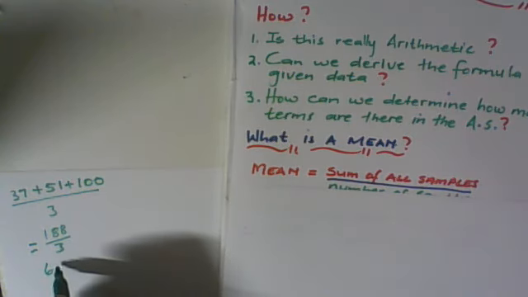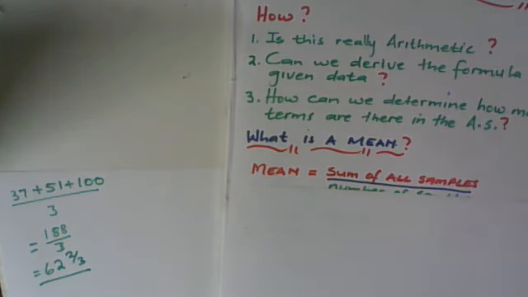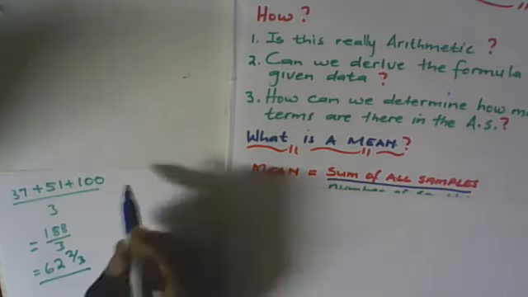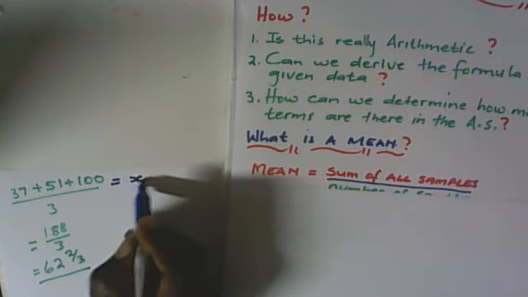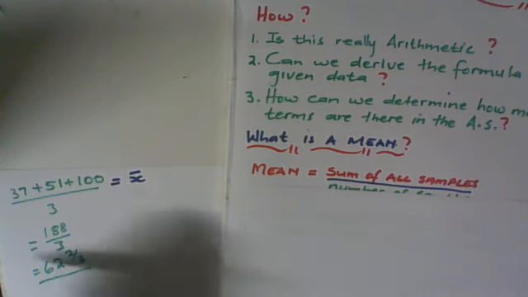Then into 8 is 2 times, and then it leaves 2 out of 3. Now this will be the mean. That is the mean and nothing else.